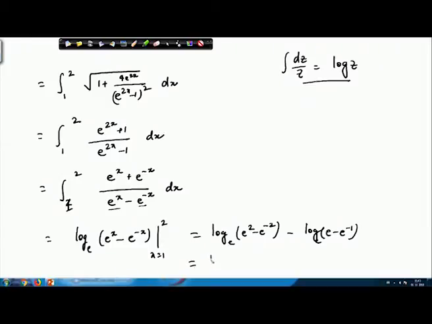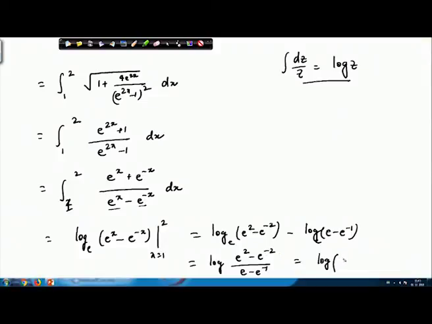So, this is nothing but log of e to the power 2 minus e to the power minus 2 over e minus 1, and if we multiply both numerator and denominator by e to the power 1, then this will reduce to e to the power 2 minus e to the power minus 1.